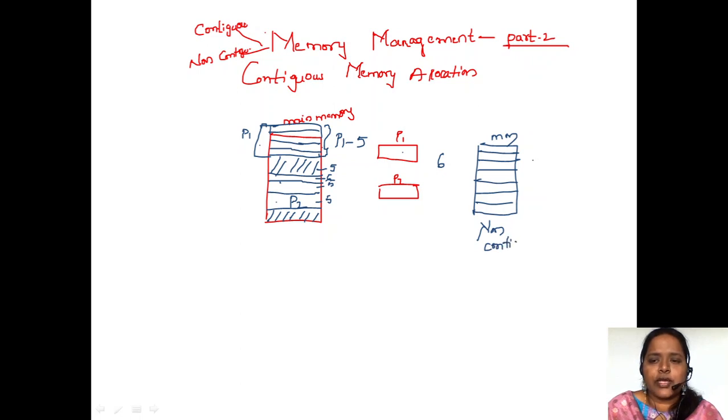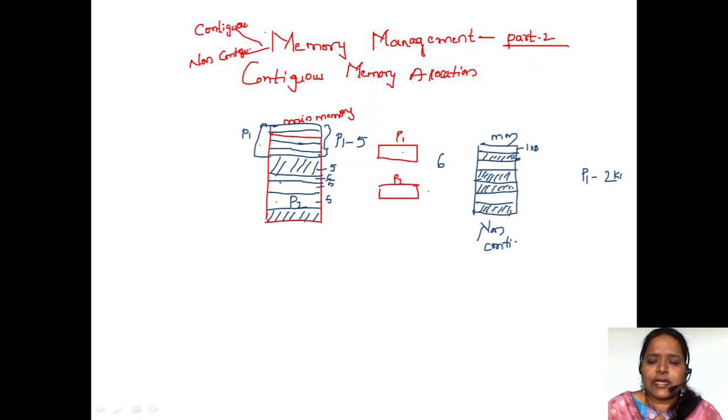Suppose each slot has a capacity of 1 KB. P1 needs 2 KB of space. Here only 1 KB is free, but the next ones are already filled and occupied.